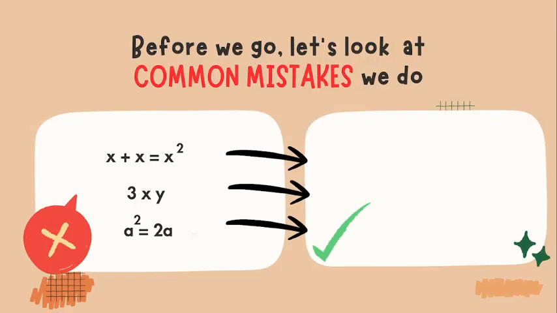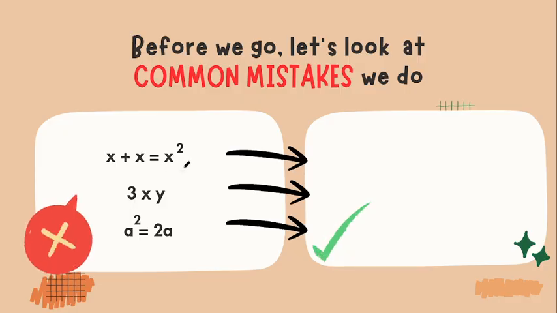Okay. No, the lesson is not over yet. Before we go, let's look at common mistakes we make. Like I also told you earlier, when I was tutoring my students, I found so many mistakes that they are doing when it comes to algebra.